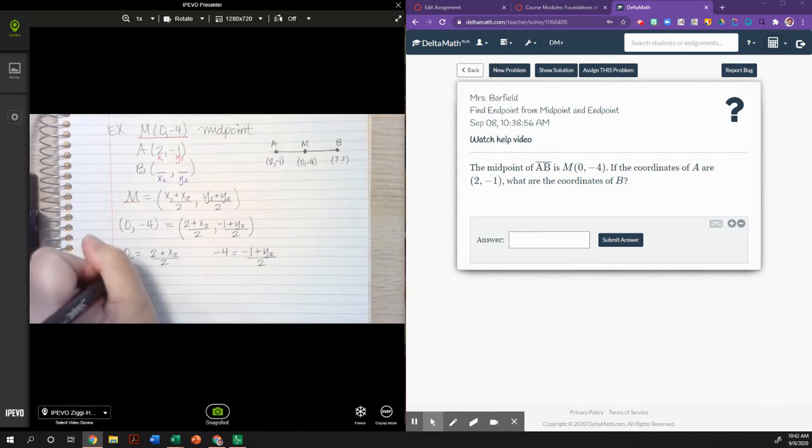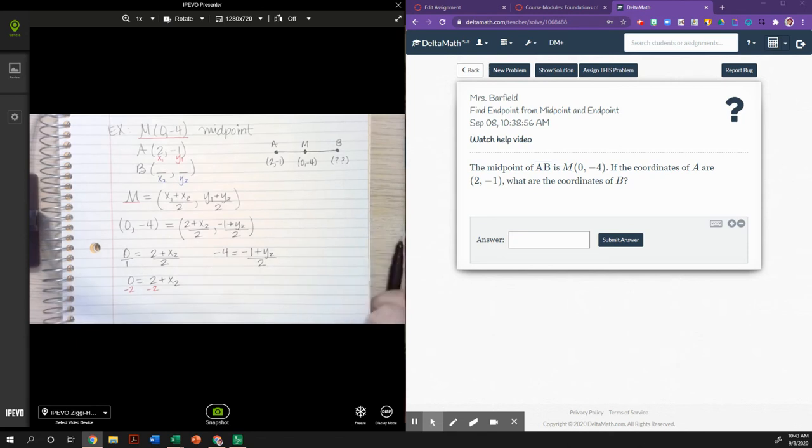All right, so if I put this over 1, well, 2 times 0 is 0. 1 times that is that. Subtract 2 from both sides. I get -2 equals x over 2. All right, same thing.